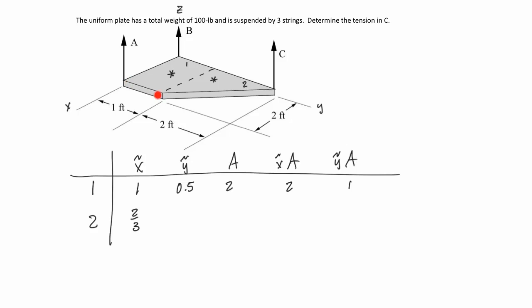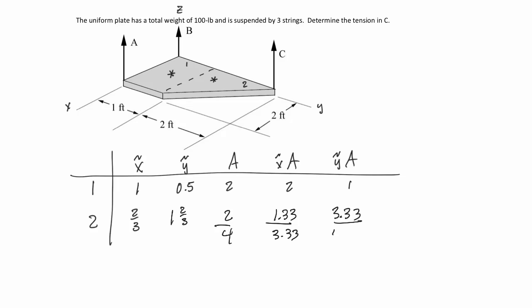In the y direction, I go 1 plus, again, 1/3 of 2, so 1 and 2/3. The area here is 1/2 BH, so 2 by 2 is 4, divided by 2 is 2. All right, multiplying these out, I got 1.33. This is 3.33.